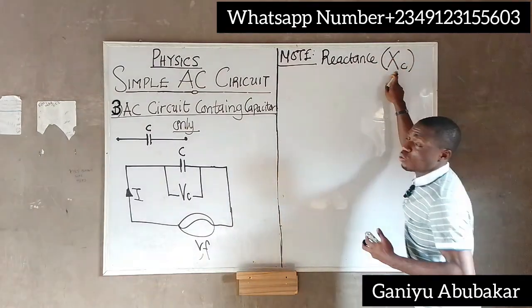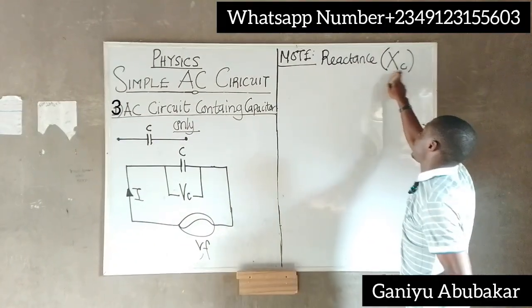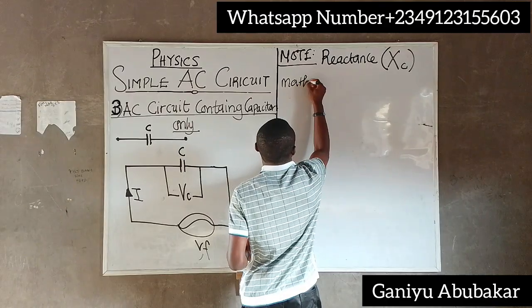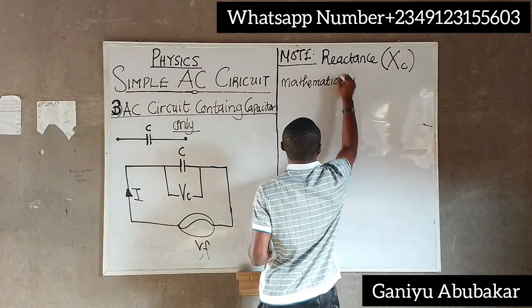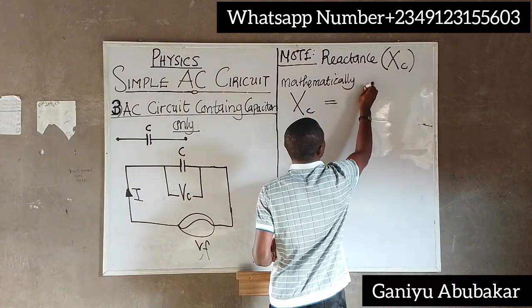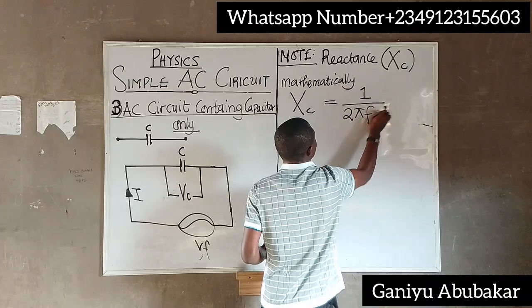For inductor, it was XL. For capacitor, because the capacitor is C, it becomes XC. Mathematically, here, what is XC? XC is equal to the inverse of 2 pi FC.